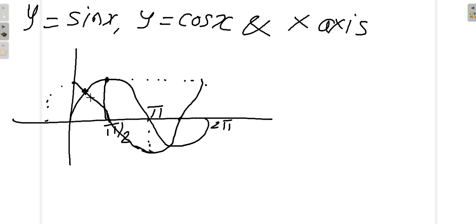But we are bothered about y equal to sin x, y equal to cos x and x-axis, means we are interested in this area.